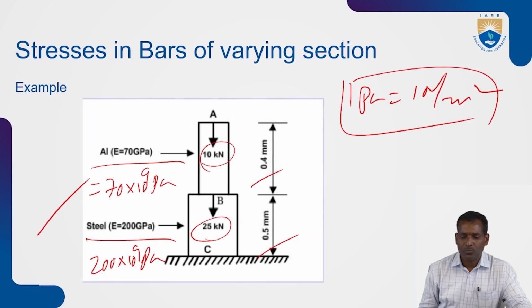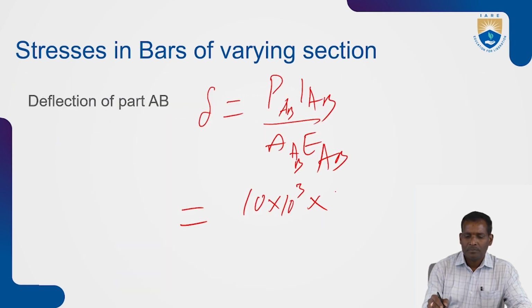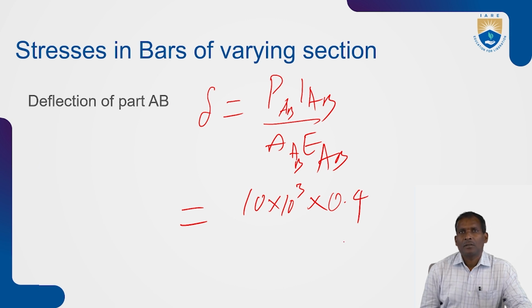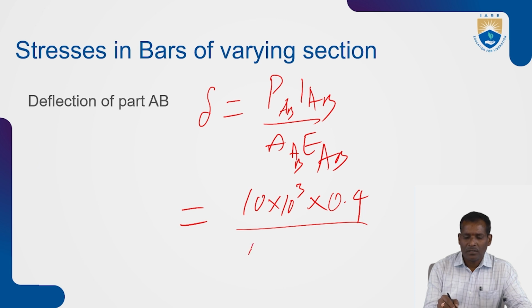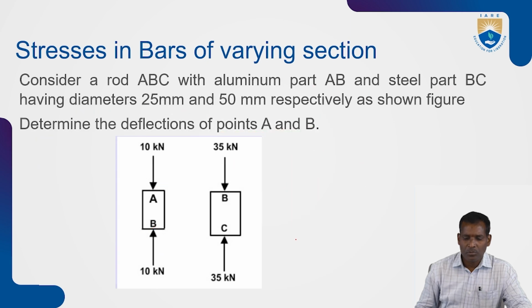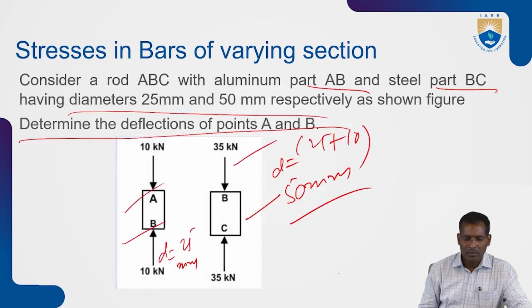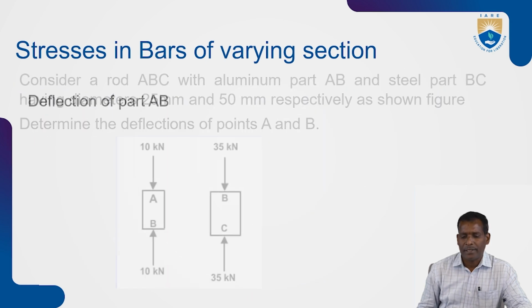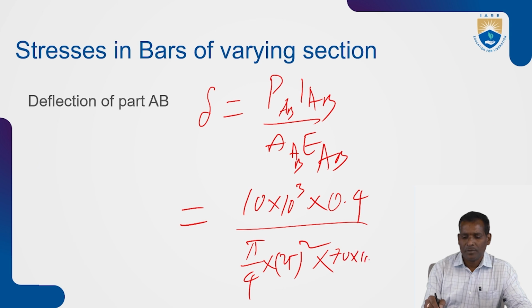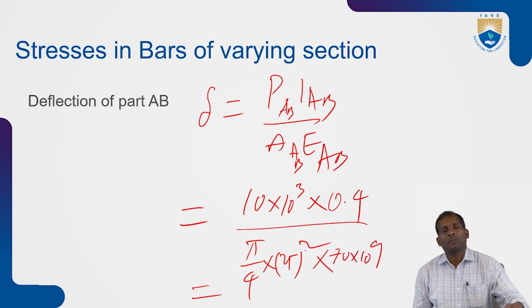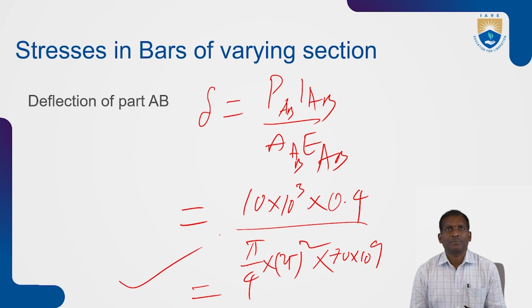The AB length is 0.4 m, given in meters here. Then the area of the rod is pi by 4 d square. The diameter is 25 mm. And the modulus of elasticity E is equal to 70 into 10 to the power 9. Solve this and simplify, and you will get the deflection of AB.